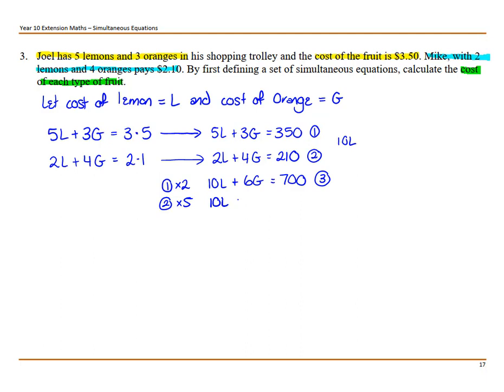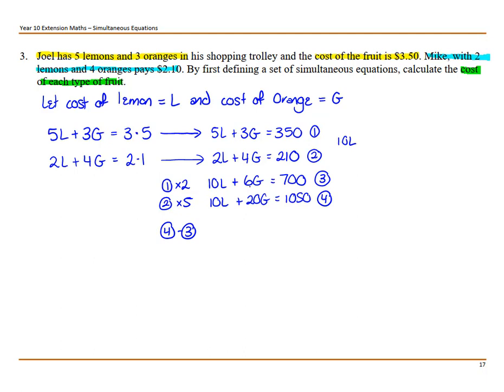So that becomes 10L plus 20G equals 5 times 210 is 1050. Okay, you're better off going equation 4 minus equation 3.